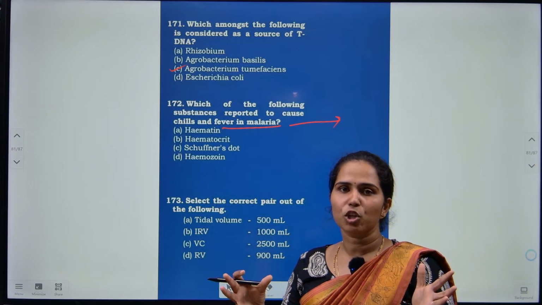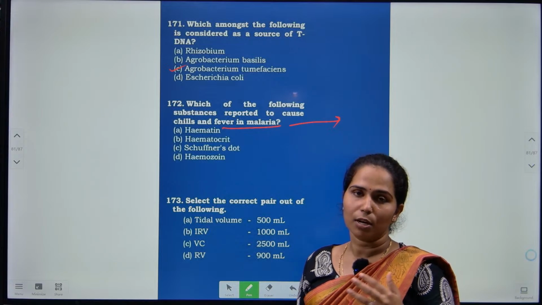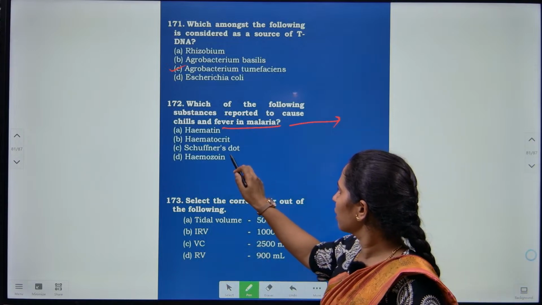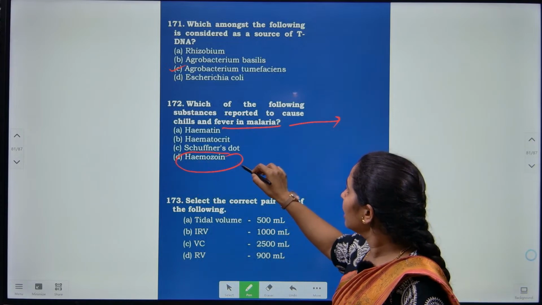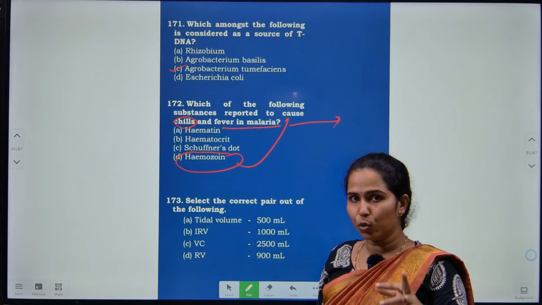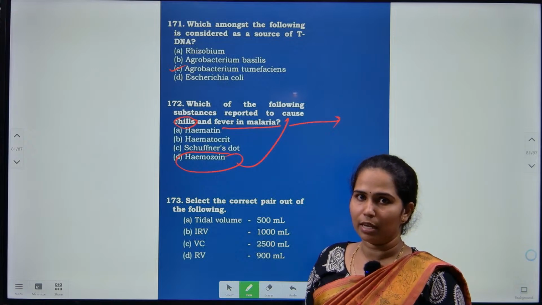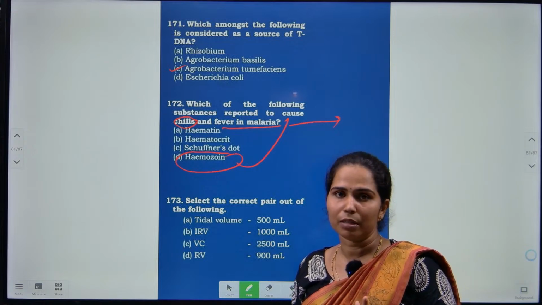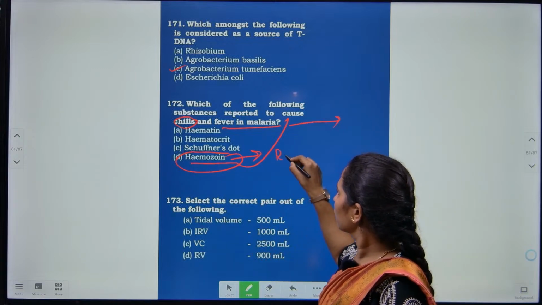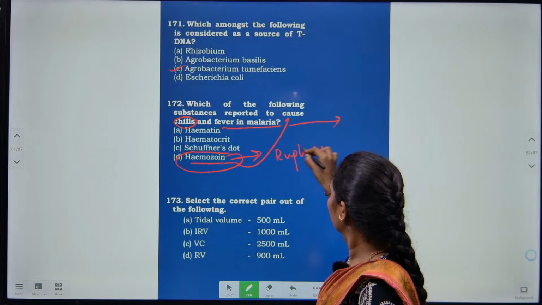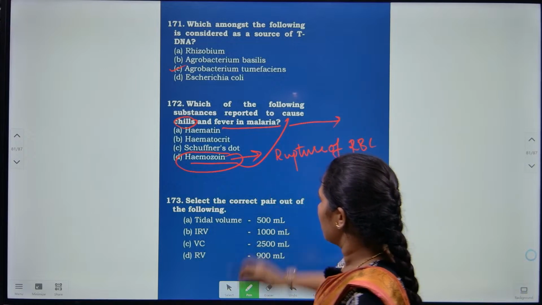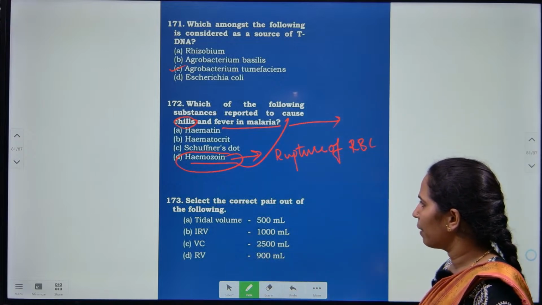Once there is a rupture of RBCs, the parasites are released along with a toxic chemical called hemozoin, which leads to the chill, every 2 to 3 days or 1 or 2 days. The chills that come every alternate day are due to the hemozoin chemical, due to the rupture of RBCs.